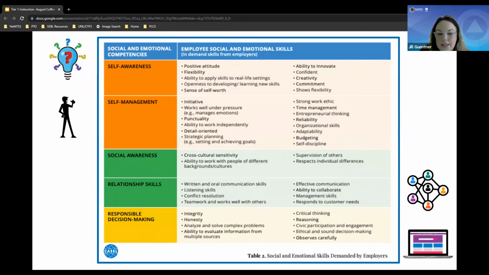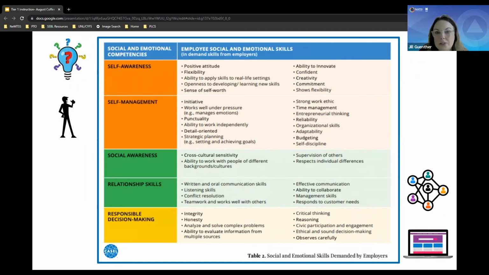And here is a nice visual of some different social emotional behavioral learning skills that employers are really looking for. So Mackenzie mentioned earlier, when we're thinking about those competency skills, it's not only needed for those positive behavior expectations, but especially for our middle school and high school students and post-secondary, it's what employers are looking for as well.